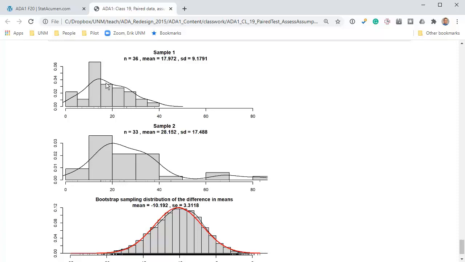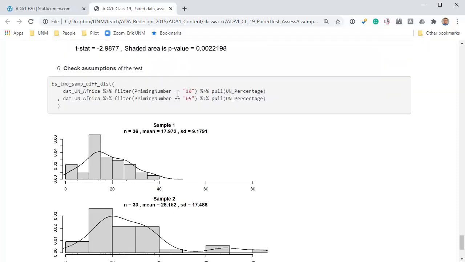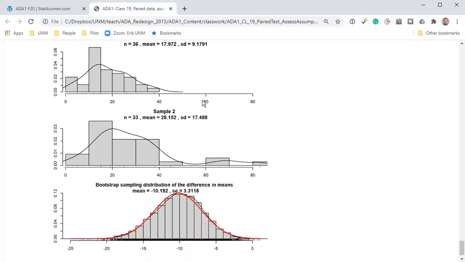So you draw a resample from here, calculate the mean, draw a resample from here, calculate the mean, and then you calculate the difference in means. I think we do it in the order that we see it here, 10 minus 65, sample 1 minus sample 2. And that's why we have a negative value as the center on this x-axis.